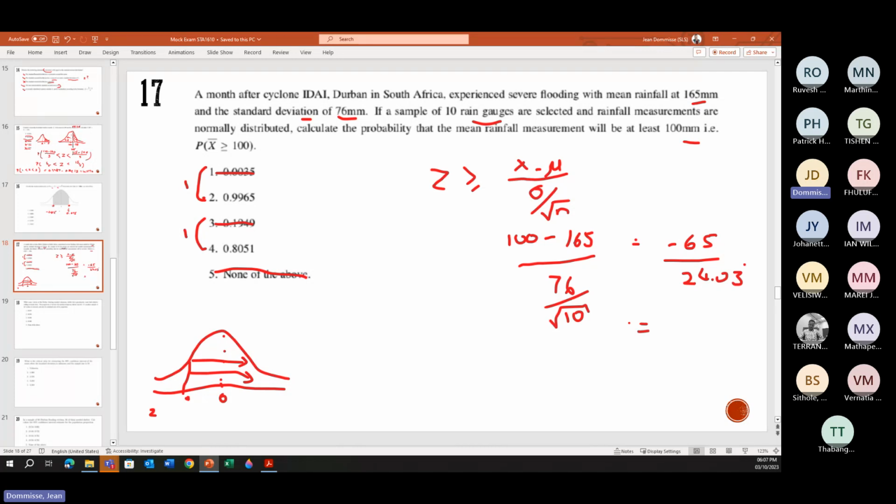And then if I say minus 65 divided by that, I get minus 2.7046.